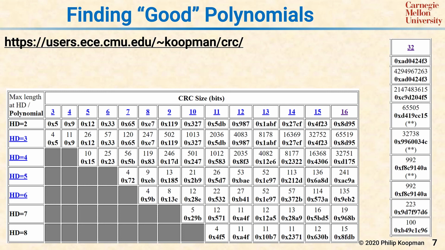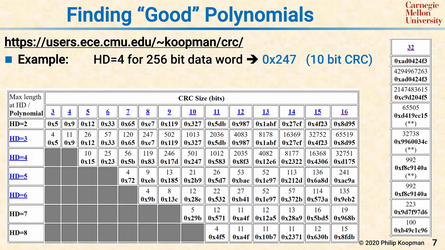As an example of using this table, consider that you want Hamming distance of 4 and you have a 256-bit data word. The question you're asking is, what's the fewest number of bits CRC I can use that will give me Hamming distance of 4 for 256 bits of data word? If you look at the Hamming distance 4 row, you see there's one at 246 bits, but that's smaller than 256.